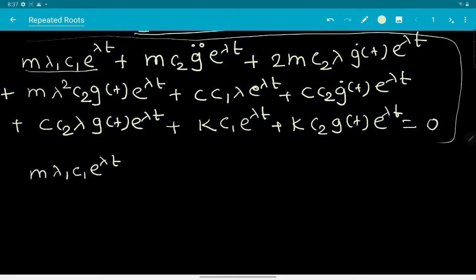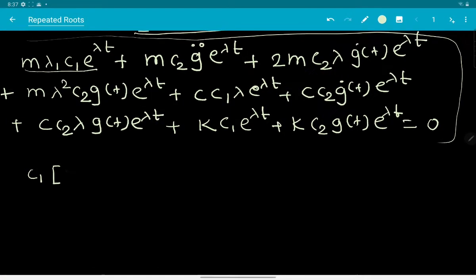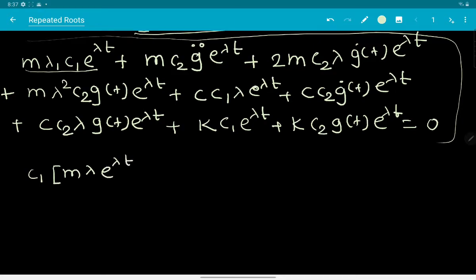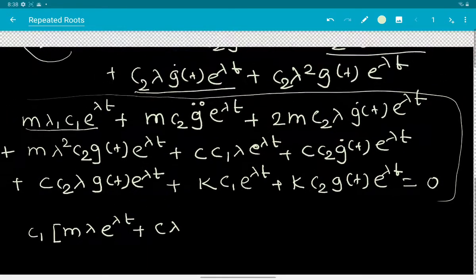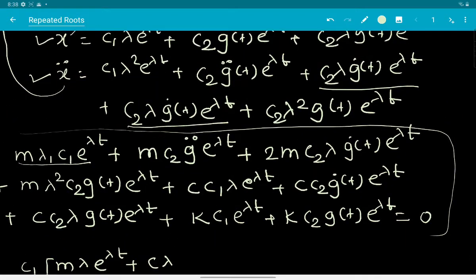Okay, so let me write down this term in a slightly different fashion. Let me take c1 common and write down all those terms which don't have g of t into them. So I'll end up with c1 times m lambda square e raised to lambda t plus c lambda e raised to lambda t plus k e raised to lambda t. I guess we made a mistake over here, there should have been lambda square.